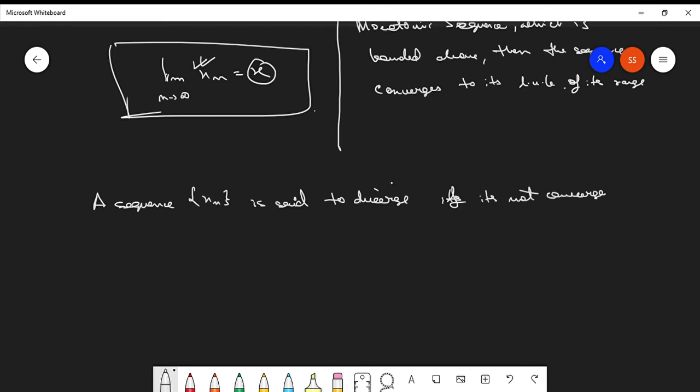One more way of writing this is that the limit as n tends to infinity of xn is plus or minus infinity. It either tends to plus infinity or tends to minus infinity. Clear? Got it?